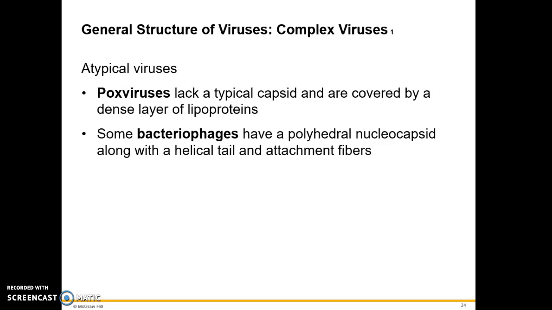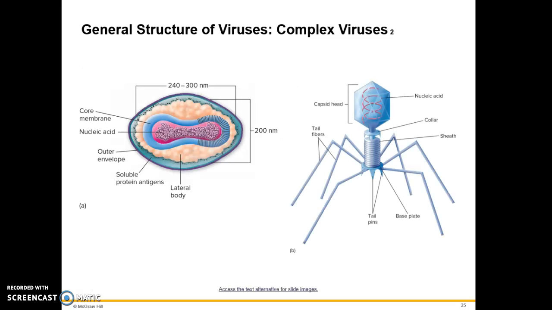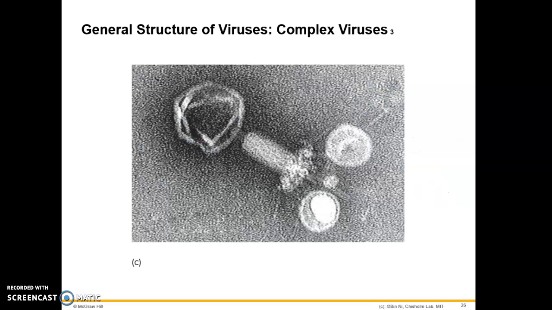They can have a polyhedral nucleocapsid that also includes a helical or spiral shaped tail with attachment fibers.